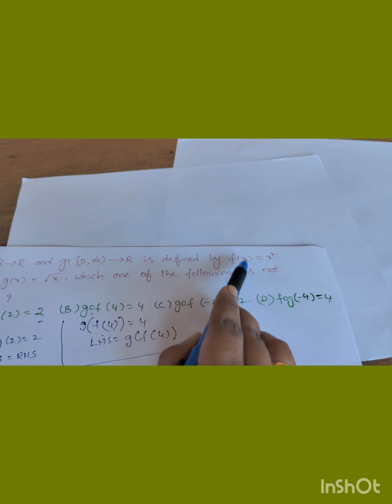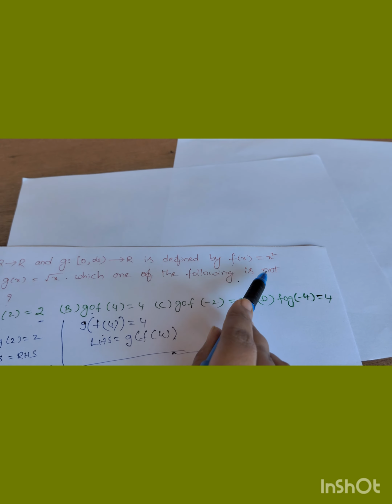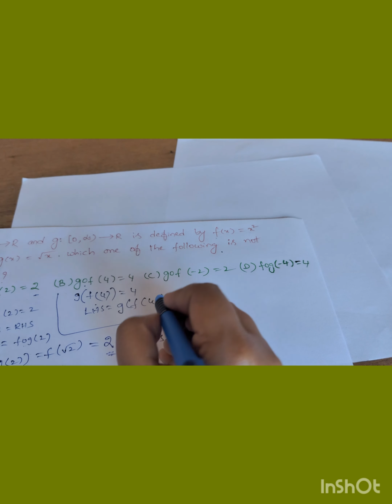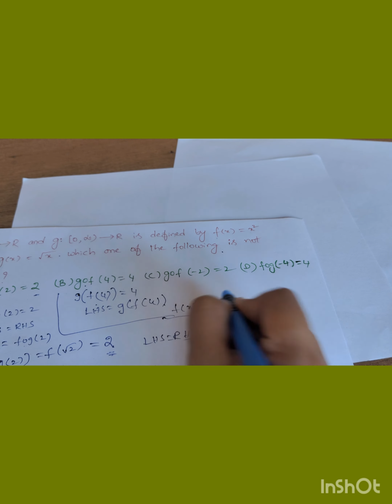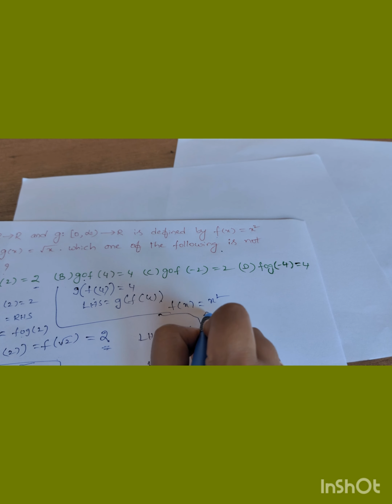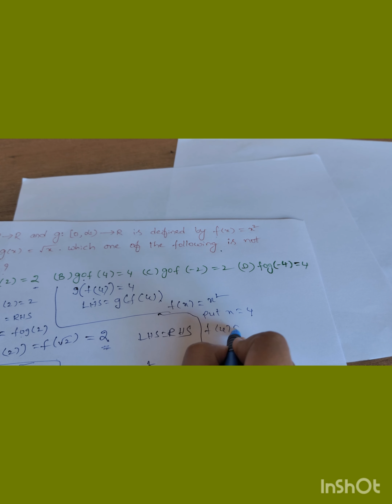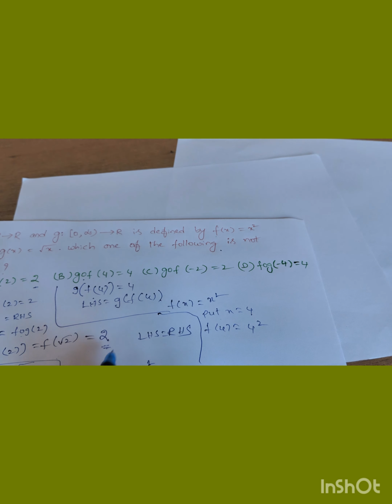We know f of x value is x square. Put x is equal to 4. Then f of 4 is equal to 4 square. Now next we need to find g of f of 4. So g of f of 4 value is g of 4 square.